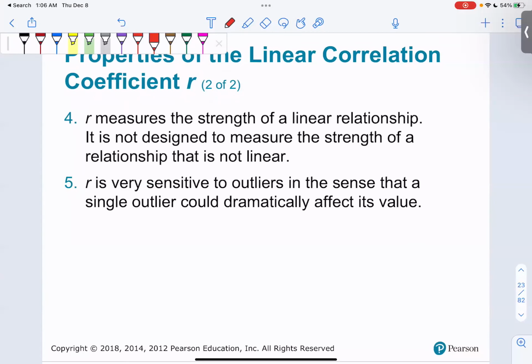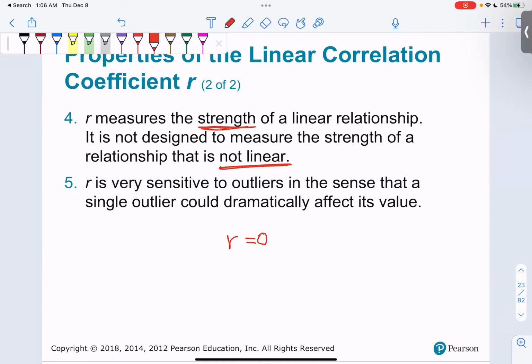So the value of R calculates how strong the relationship is between those two variables, right? So we say as this value gets closer to 1, the relationship will be stronger. As it gets closer to 0, it will be weaker. But when R equals 0, we say there is no linear relationship between those two variables.